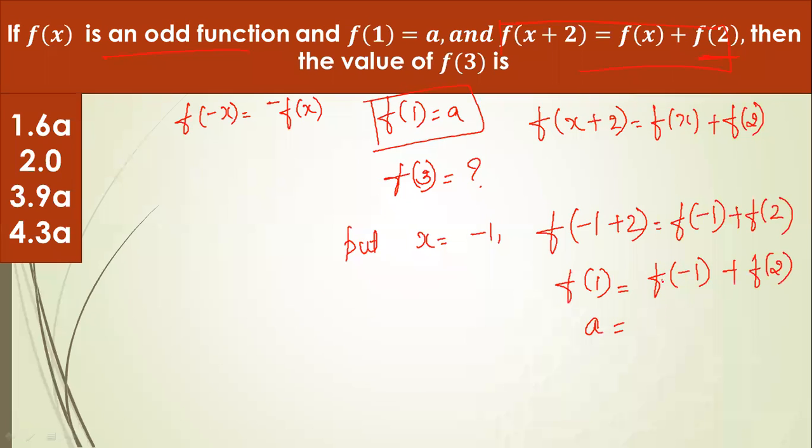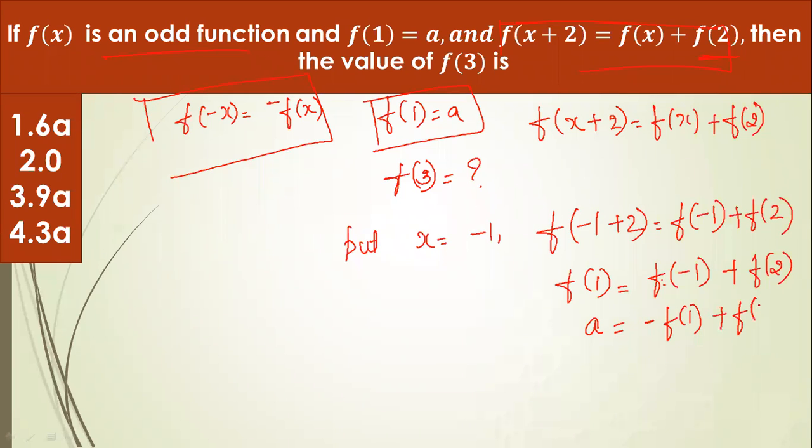What can I do with f of minus 1? Whenever we have f of minus x, since f is an odd function, we can write it as minus f of x. Yes, good, Nur Fatima, it is an odd function, so we have to use that. So this becomes minus of f of 1 plus f of 2, using the odd function concept.